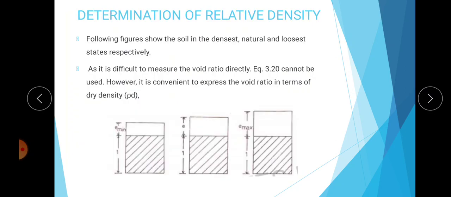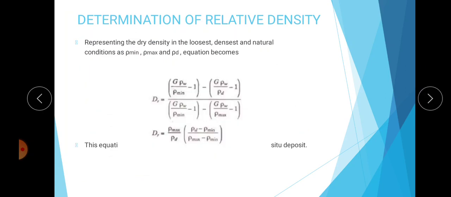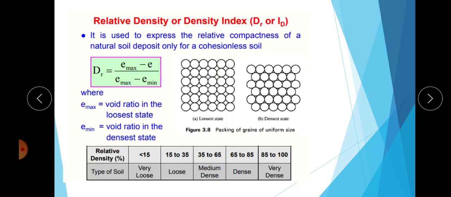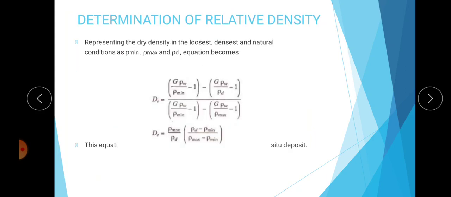So it is convenient to express the void ratio in terms of dry density. This void ratio can be written like this, that is G rho W by rho minimum. This is the transformation of this equation, that is E max minus E. E max is written as G into rho W by rho minimum minus 1.